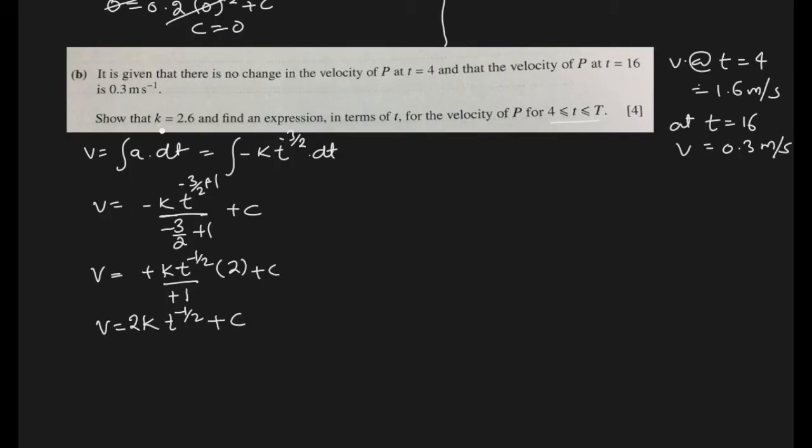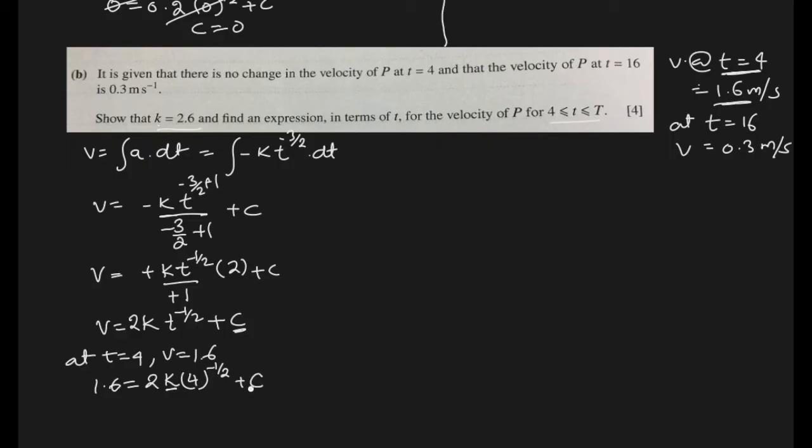Again, we have to find plus c first, then we can find k. We have to show that k is 2.6, but first we have to find c, and this situation will help us: at t equal to 4, v is 1.6. So at t equal to 4, v is 1.6, and that's what I'm going to use here. 2k times 4 to the power minus half, plus c.